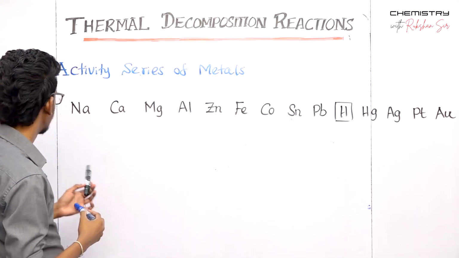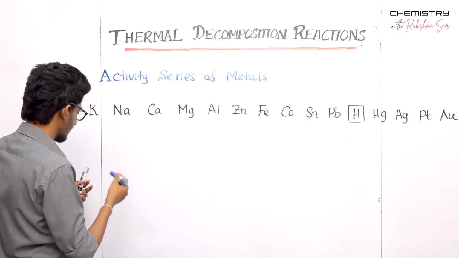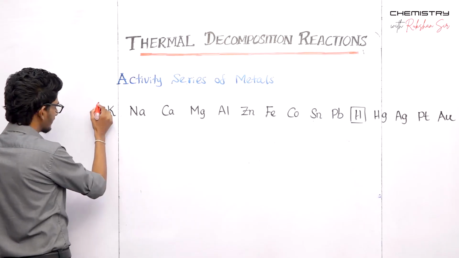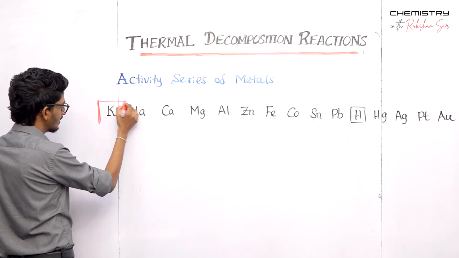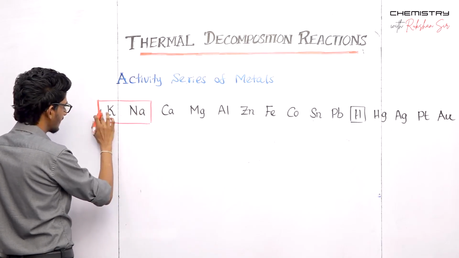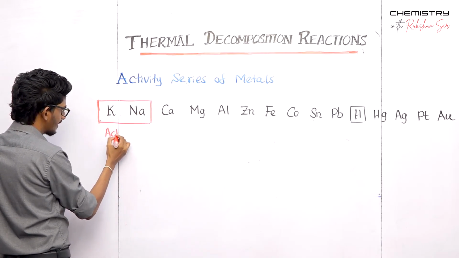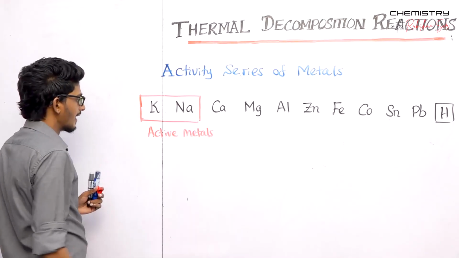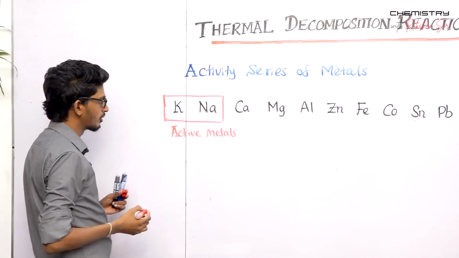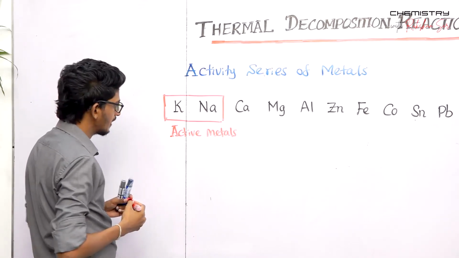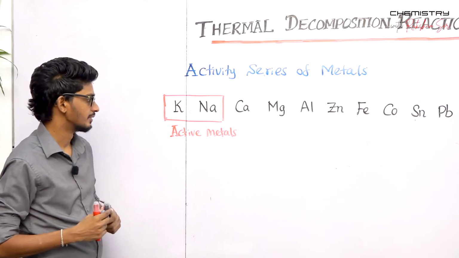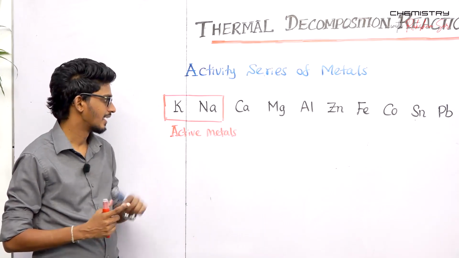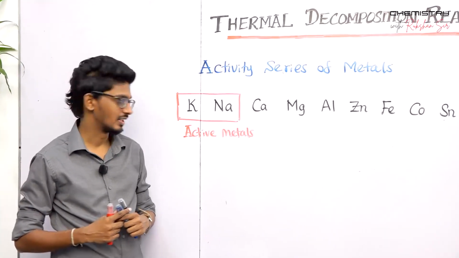Let's divide this into 3 sections. The first elements of the activity series are known as active metals. Actually, not only sodium and potassium, but all the elements in your S block other than lithium, the group 1 elements other than lithium, belong to active metals.